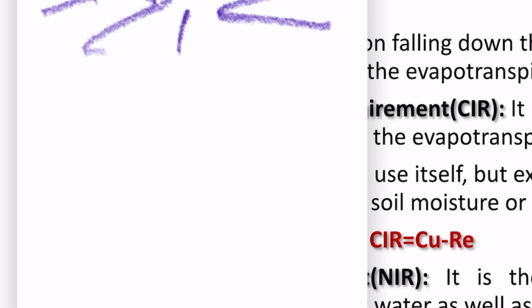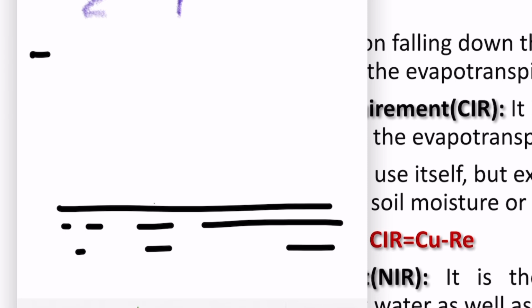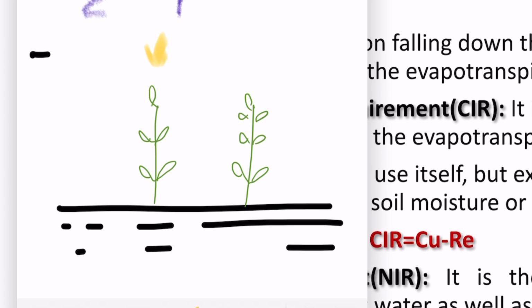Like we have discussed, we have a land or a soil, and over that we have grown a certain crop. Of course this crop has a certain evapotranspiration need. Now, how will this evapotranspiration need be fulfilled? By supplying water.